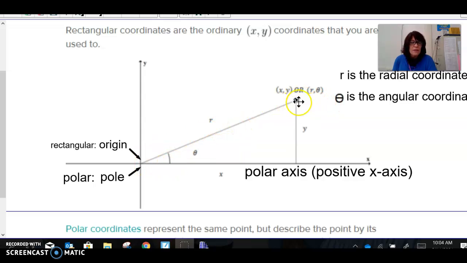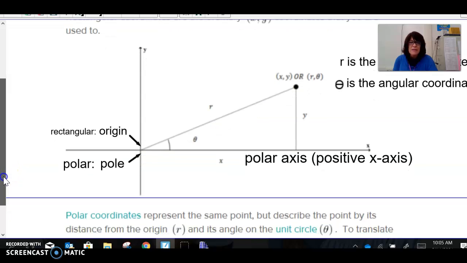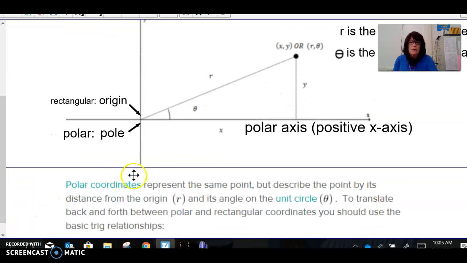In the rectangular system, we call this xy. That means from 0, 0, I went x in the horizontal direction, y in the vertical direction, and then put a dot. In a polar coordinate, it's the same point. Notice it says the polar coordinates represent the same point, but it's described by the distance from the origin, which is r.